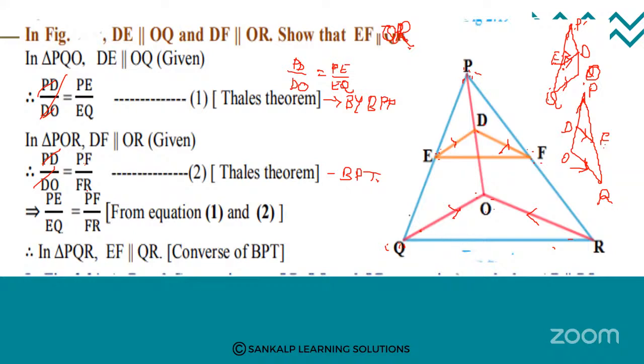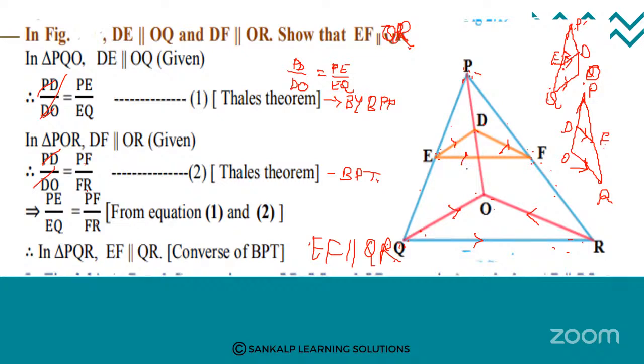Right? So in triangle PQR, EF is parallel to QR. Okay, by using converse of BPT, we can say that EF is parallel to QR. Okay, if a line is parallel to the third side, then it divides the other two sides in the same ratio, that is BPT. Or when the two sides are in the same ratio, then the line is parallel to the third side.